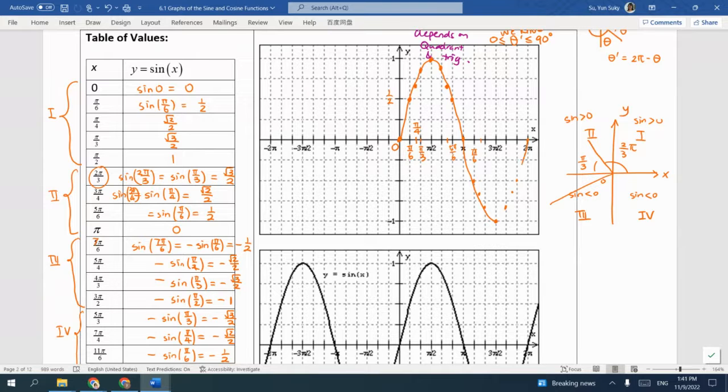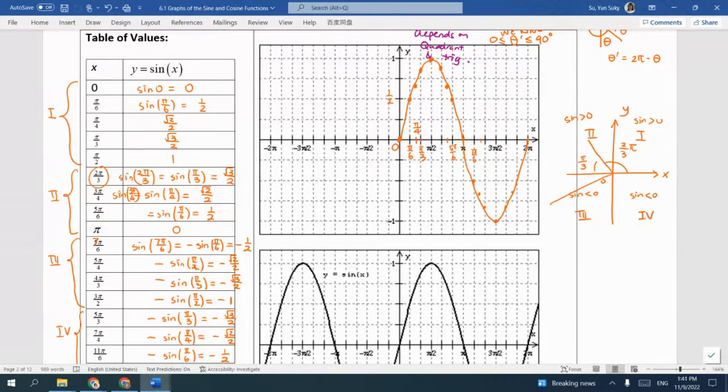Okay, so therefore we connect them. So this is the graph of sine x for one period. And you know when we add multiple of 2 pi or subtract multiple of 2 pi, we get the same angle.